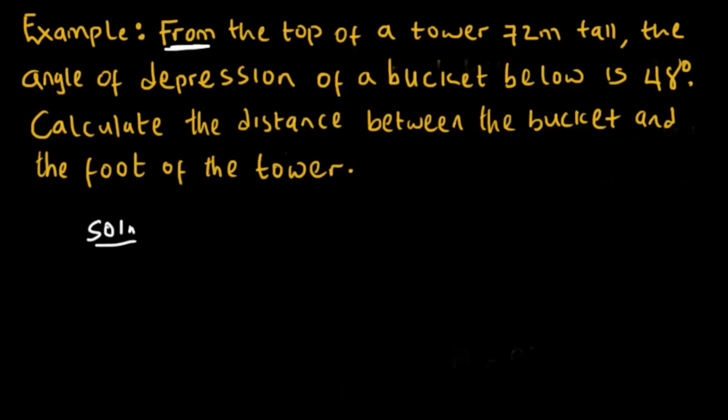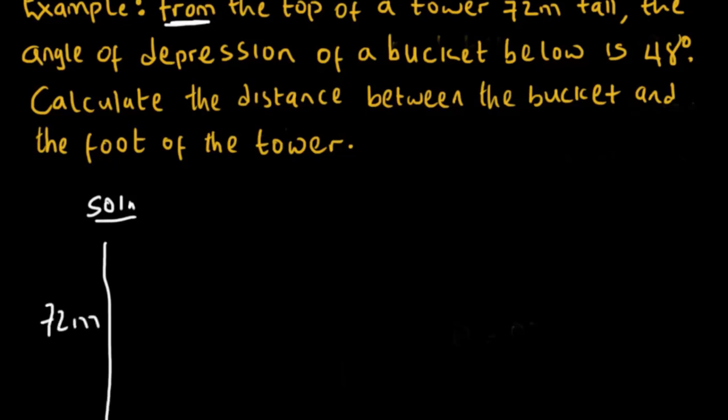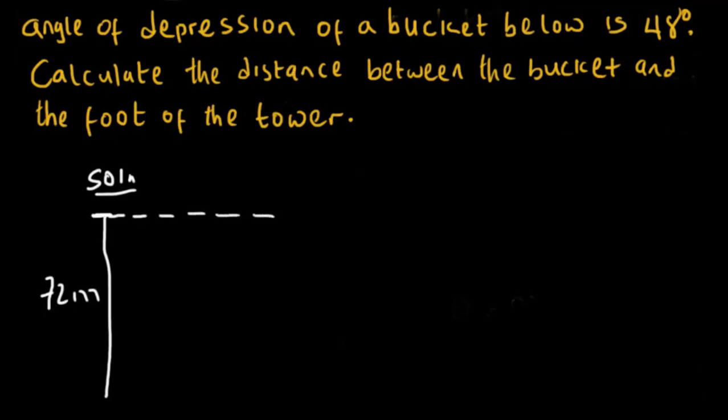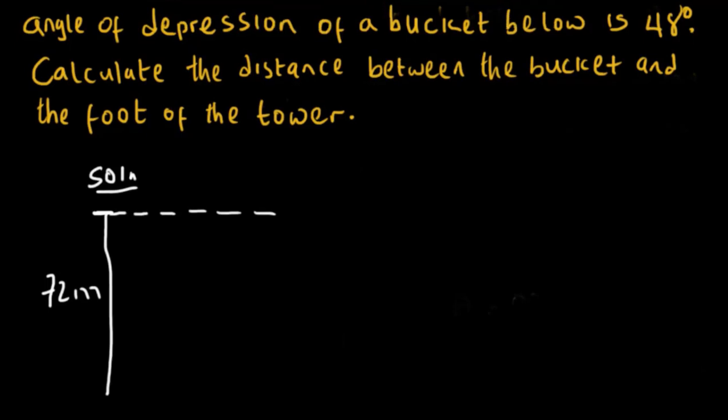So we have a tower, and we are told that the tower is 72 meters tall. Now we are told from the top of the tower. Now remember, whosoever is standing on top of this tower or sitting has a line of sight. Now we are told that the angle of depression of a bucket below.